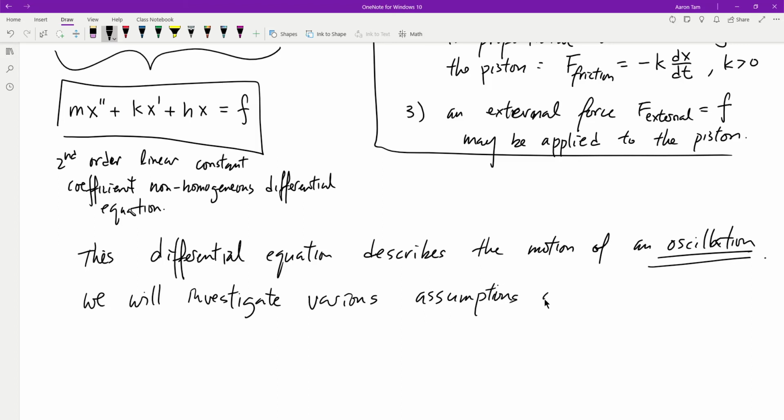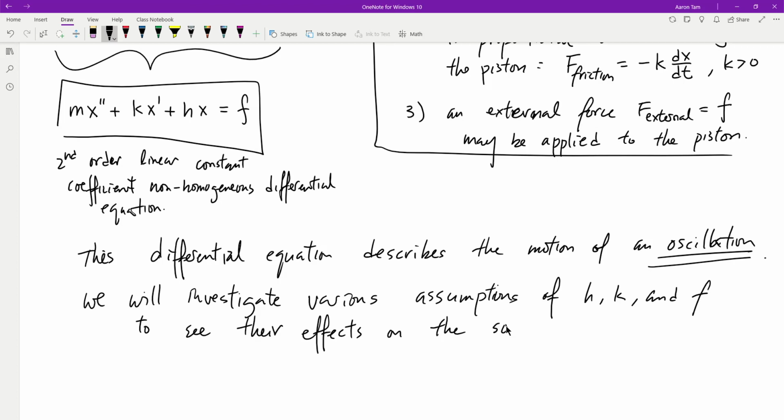Well, m is the mass, so we really can't do much there. But we'll try different assumptions of h, k, and f to see their effect on the solution to this differential equation.